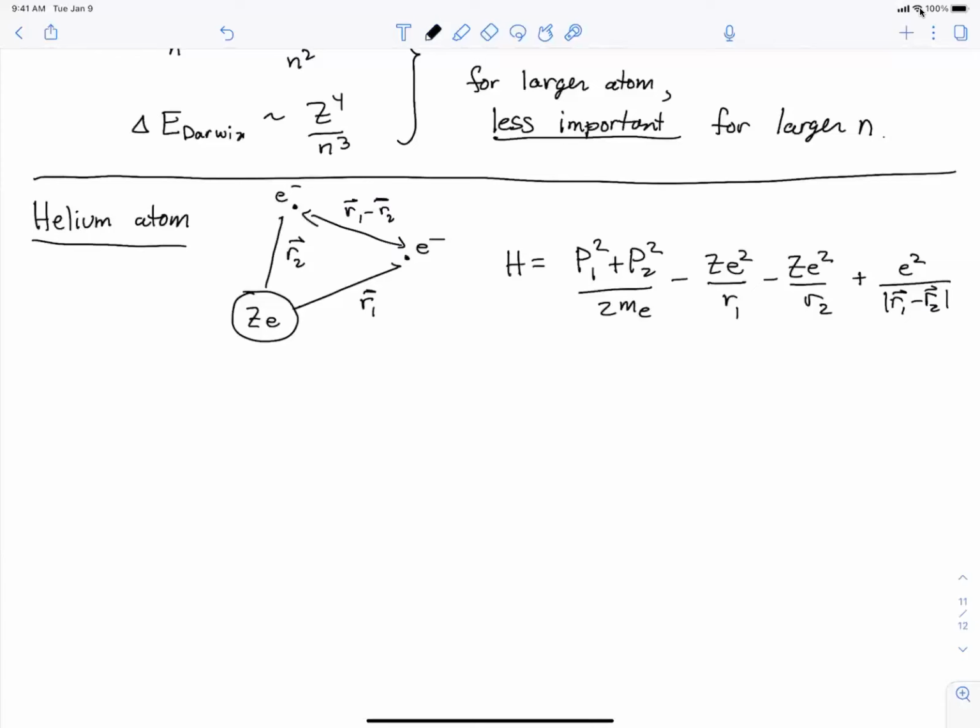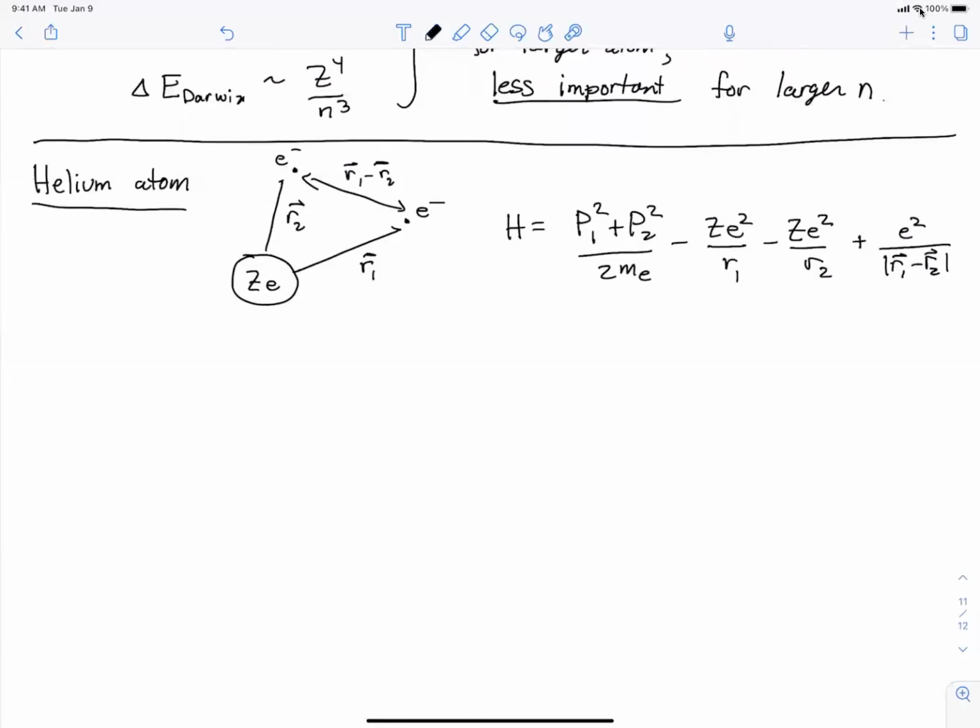Okay, and so one of the reasons we're writing this for general Z is just to emphasize the point that when we go to larger and larger atoms, it becomes not so bad an approximation to ignore that term, as a first approximation, compared to the bigger contributions from here. Okay, and so for helium though, we can go ahead and plug in Z equals 2.